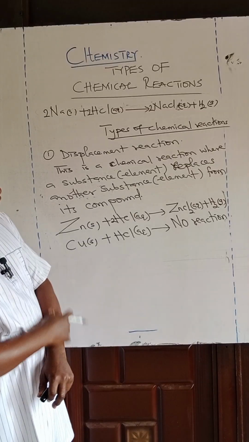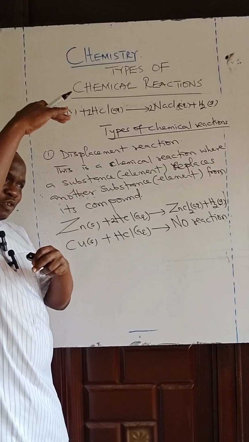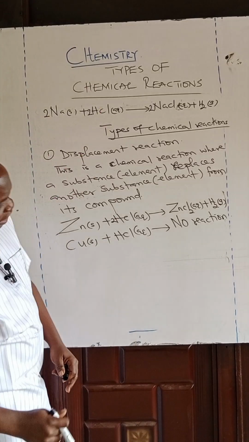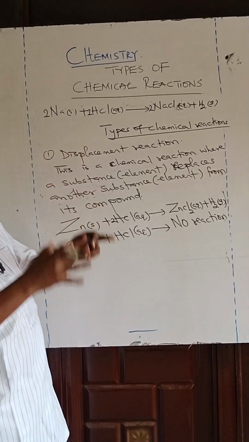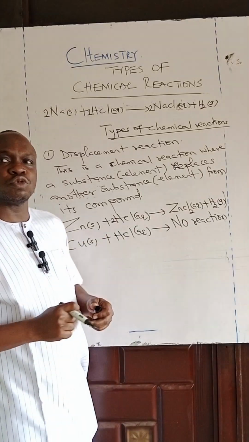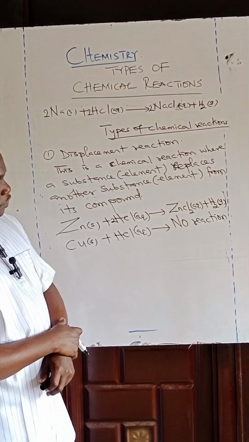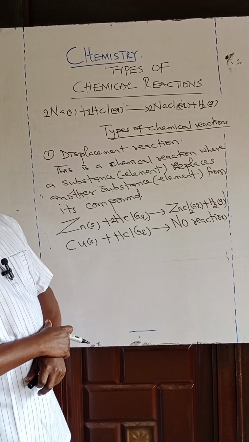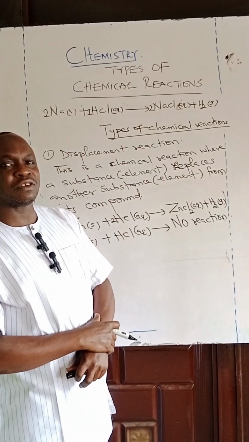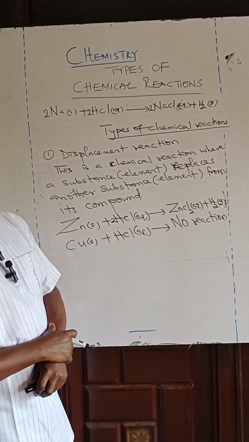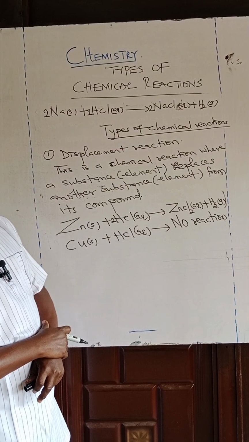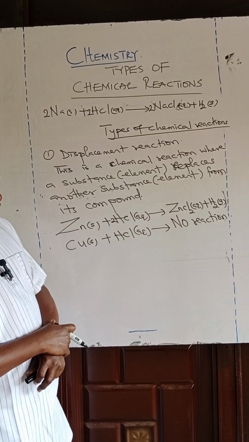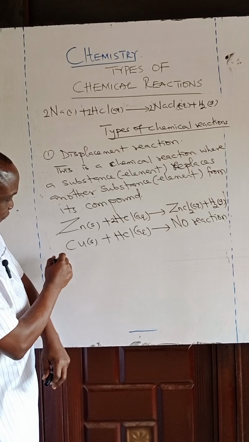The element above in the electrochemical series can displace the one below, but the one below cannot displace the one above. That's why we have the arrangement of metals according to their reactivities, which we call the activity series or electrochemical series. Students need to understand it when dealing with displacement reactions.